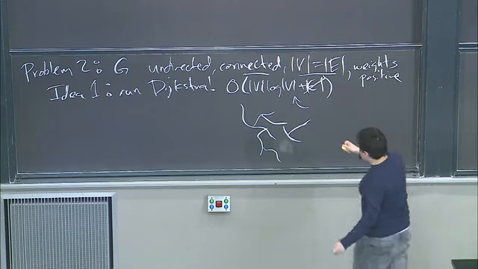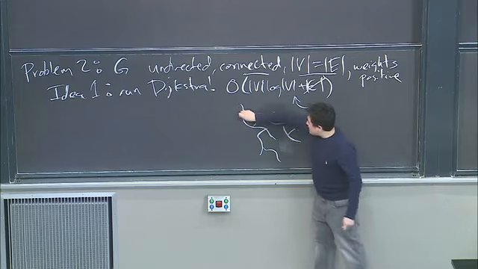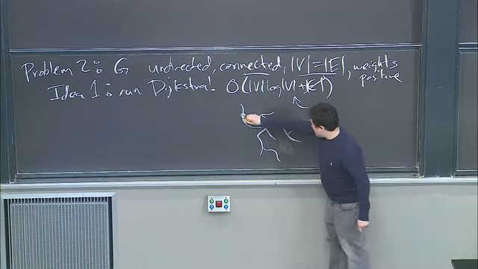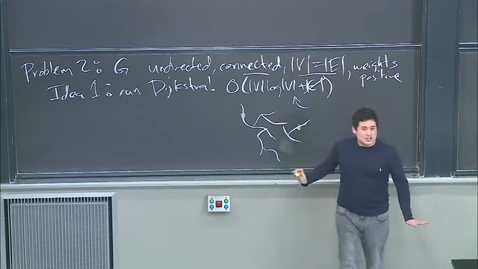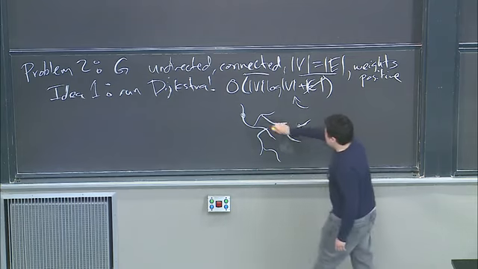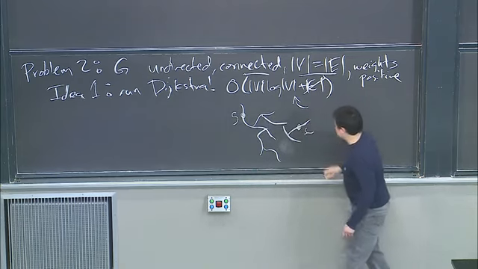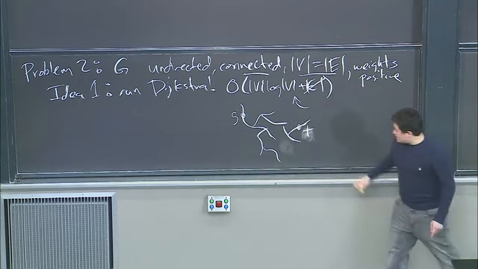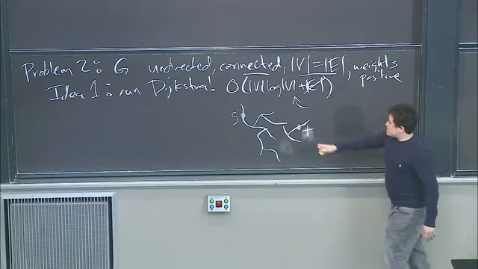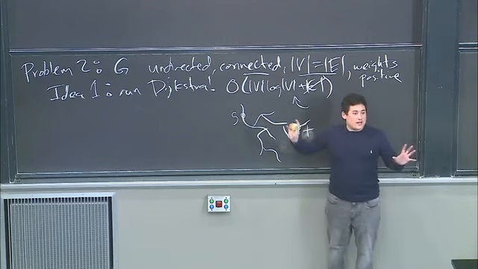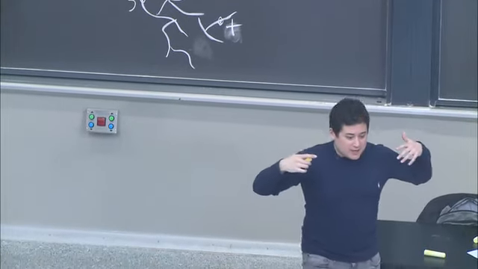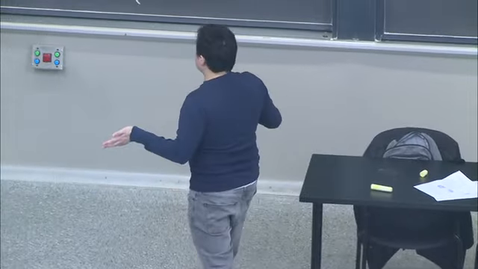And actually, there's only one simple path between any pair of vertices in a tree. In fact, if this was S and this was T, if I just ran any unweighted reachability algorithm, I would get a tree, a BFS tree or a DFS tree. It would visit vertices in some order.